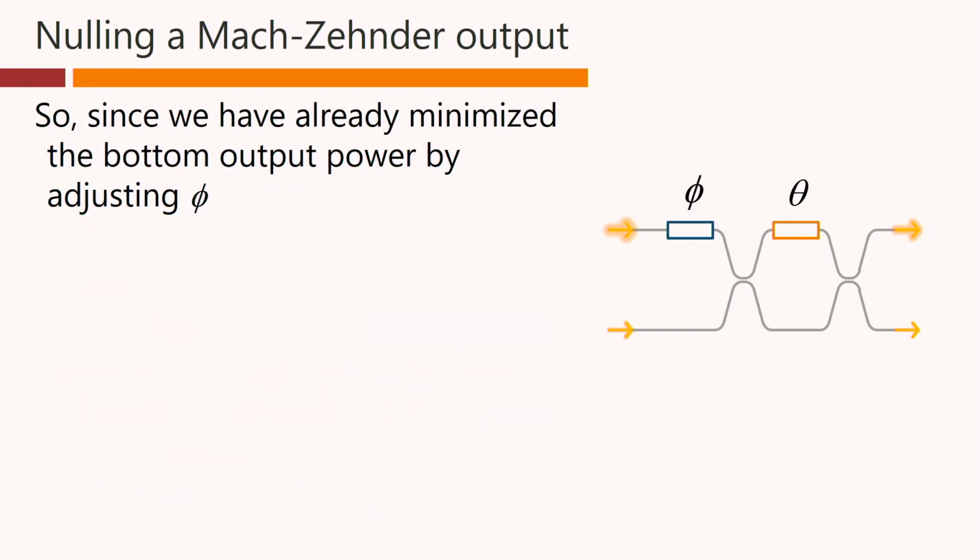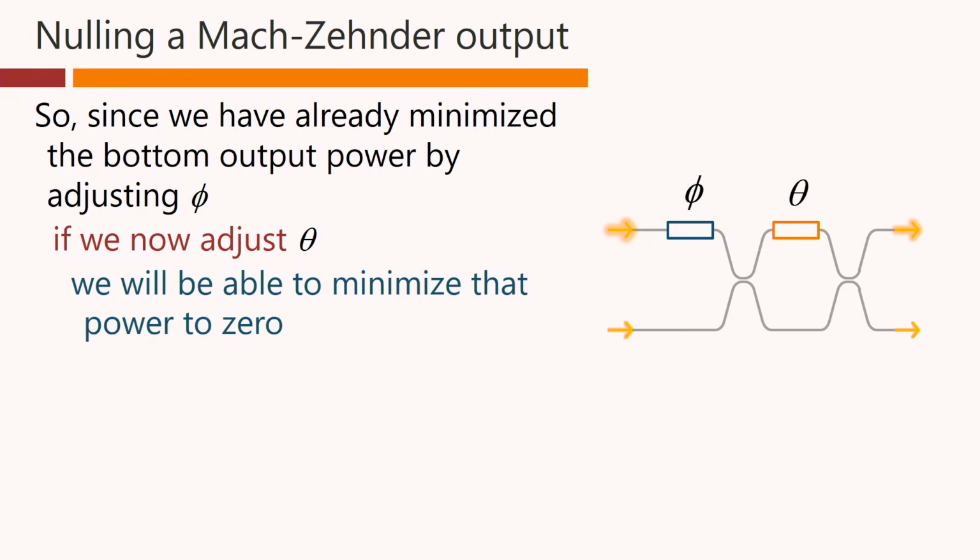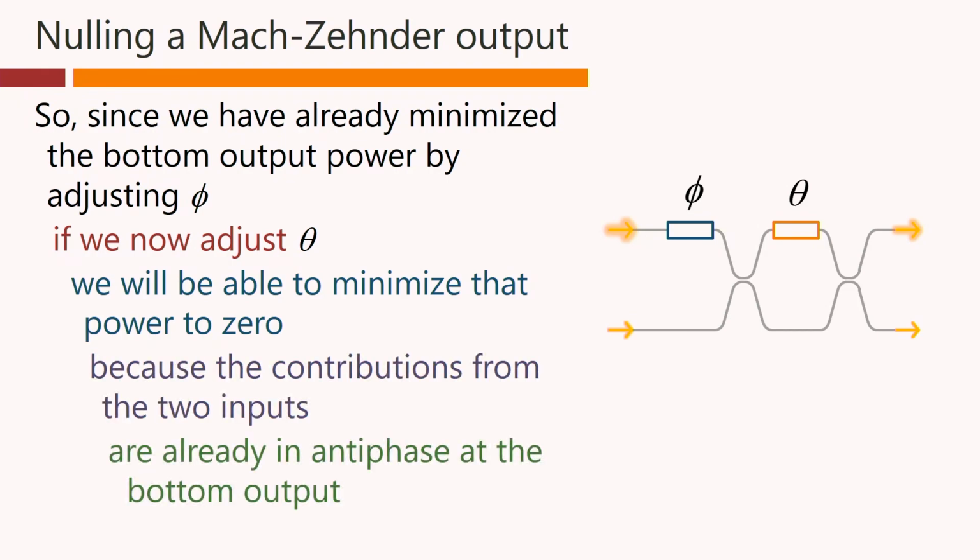So, since we have already minimized the bottom output power by adjusting phi, if we now adjust theta, we will be able to minimize that power to 0, because the contributions from the two inputs are already in antiphase at the bottom output, and it's always possible, therefore, to find some ratio of these two contributions that is exactly equal and opposite.